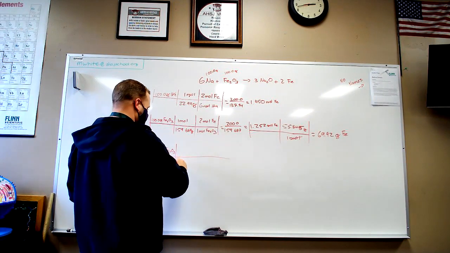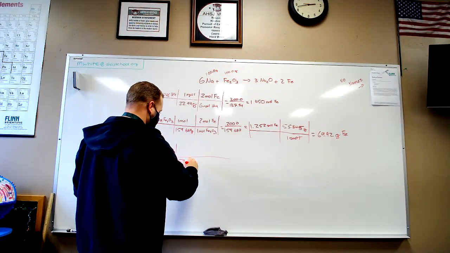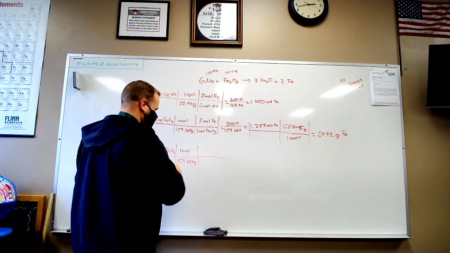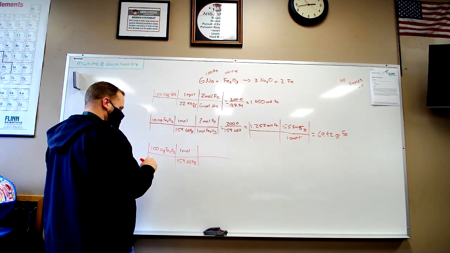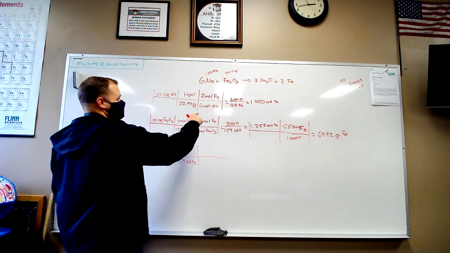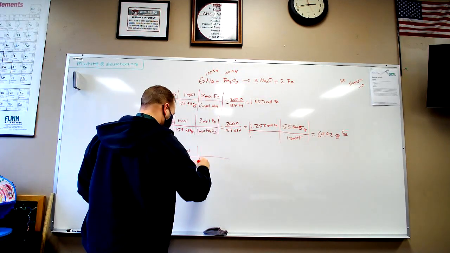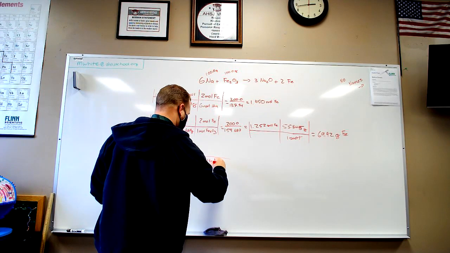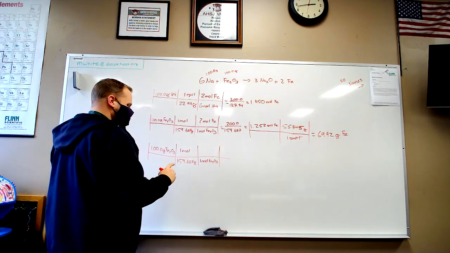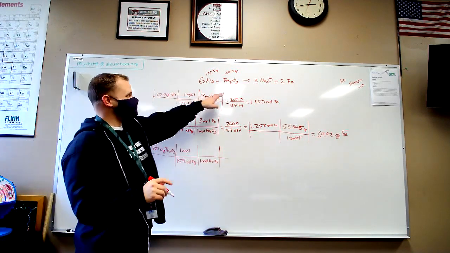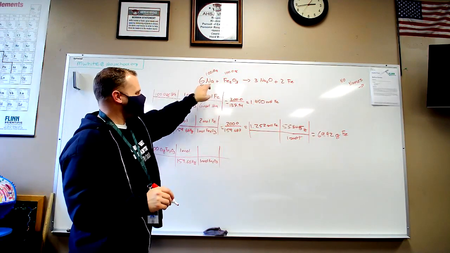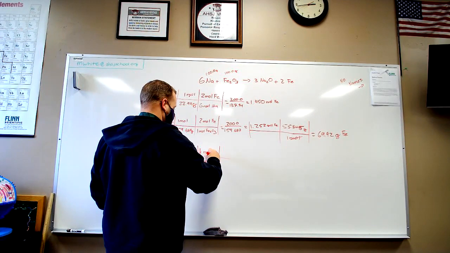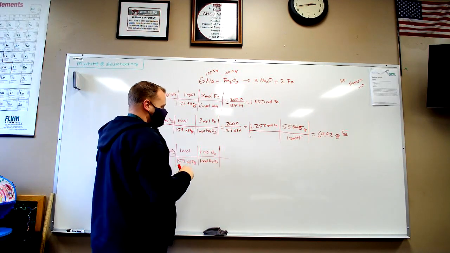Luckily, we already know the number. Okay. Now we're going to do our mole ratio. So we do have one of this. But this time, we're trying to see how much sodium is used up. So we go 6 moles sodium.